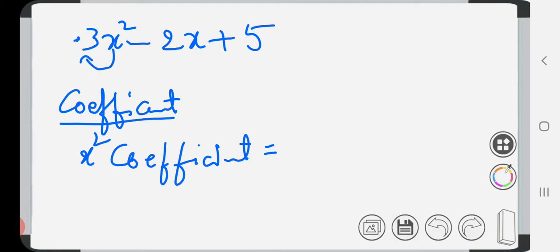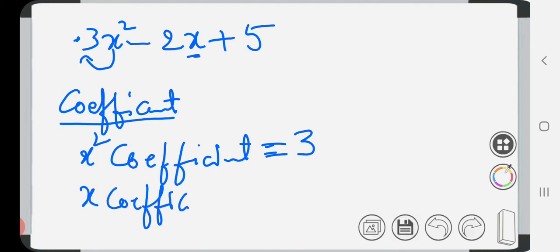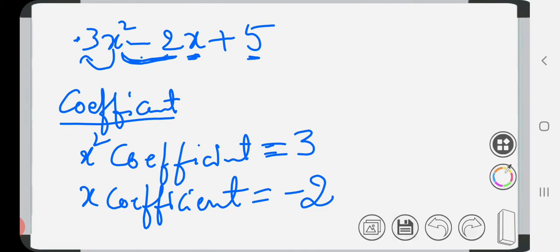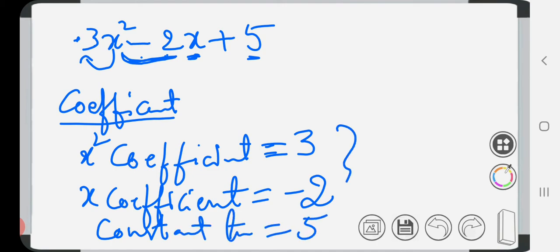And the x coefficient is equal to minus 2, because it is minus 2x. And this 5 is nothing but the constant term. The constant term is equal to 5. Like this we can write the coefficients.